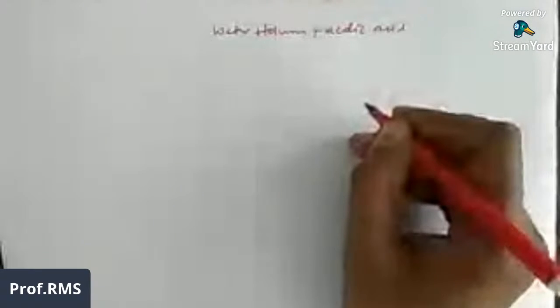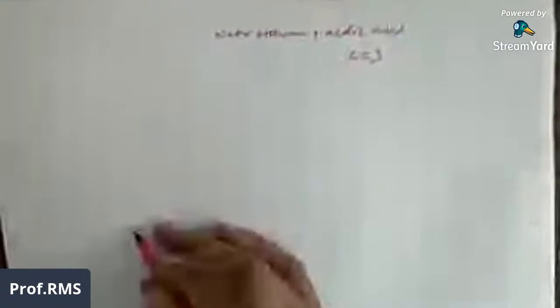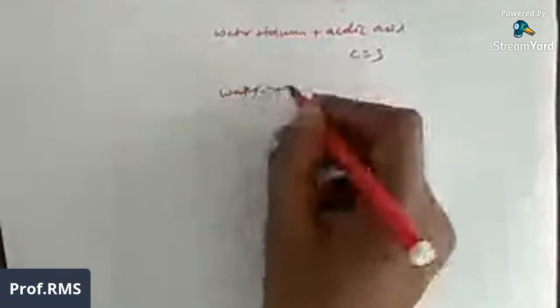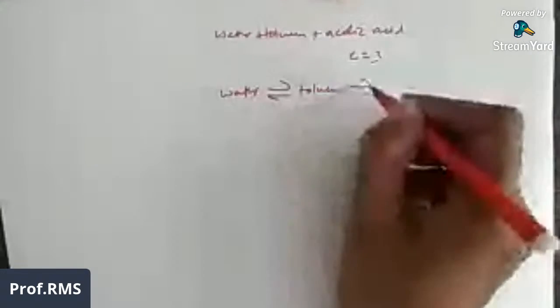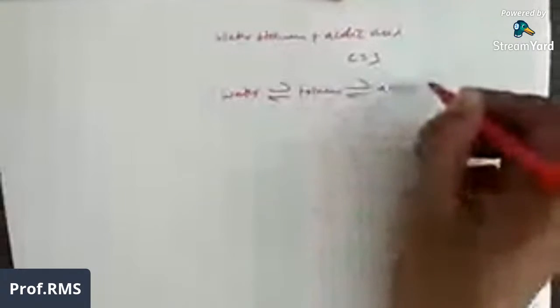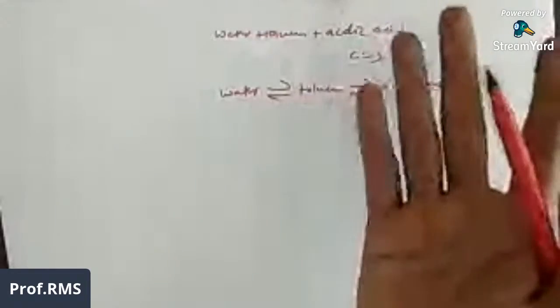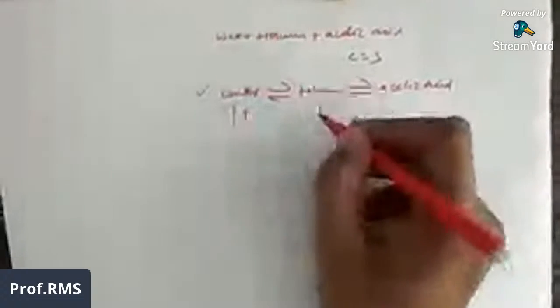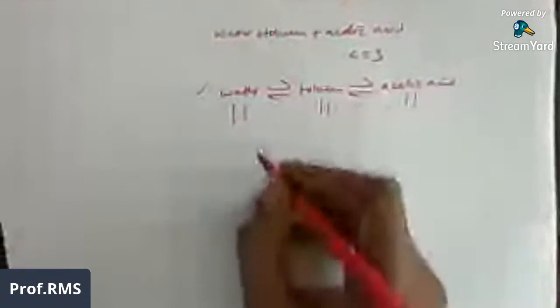So the number of components is 3. Suppose we have a system of water in equilibrium with toluene and acetic acid, and we know that this is a multi-component system and a number of phases are possible for this system. So suppose this is one phase, the second phase, and there is a third phase.